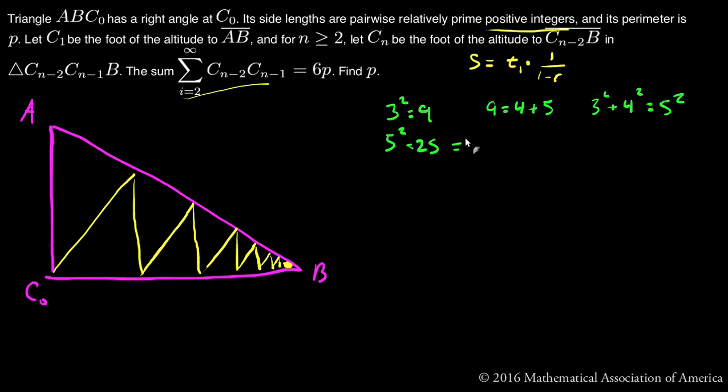The two adjacent integers that add up to 25 are 12 and 13, so 12 plus 13. That's going to give me that 5 squared plus 12 squared equals 13 squared. And I can continue down this merry path until I get a solution.